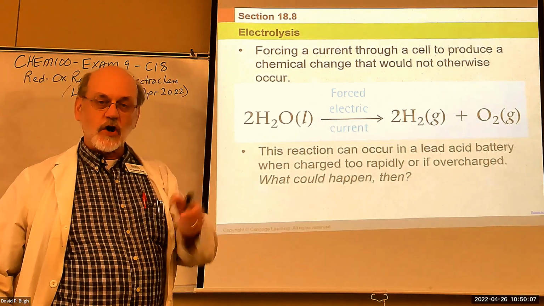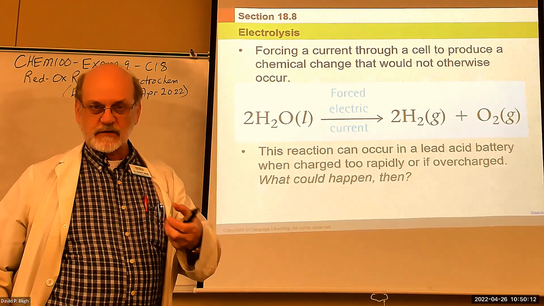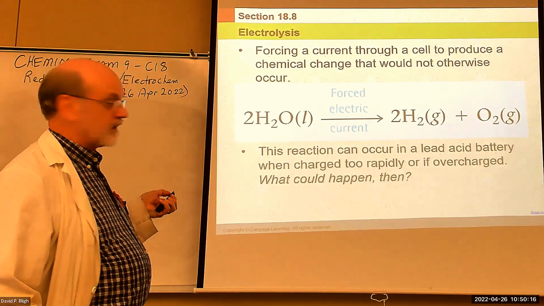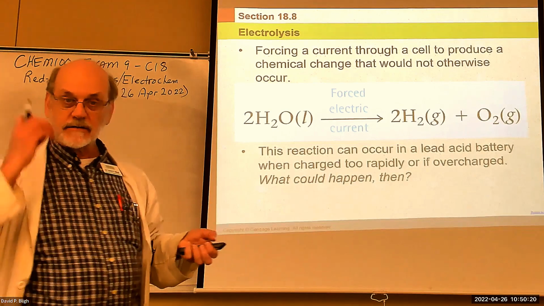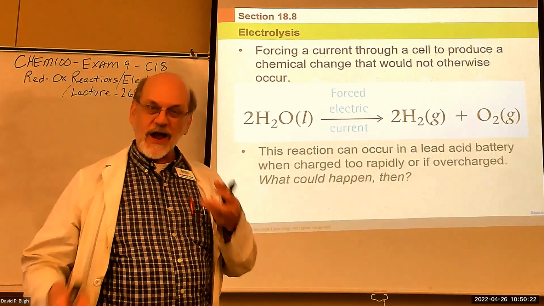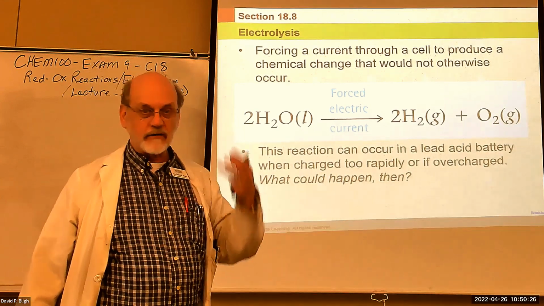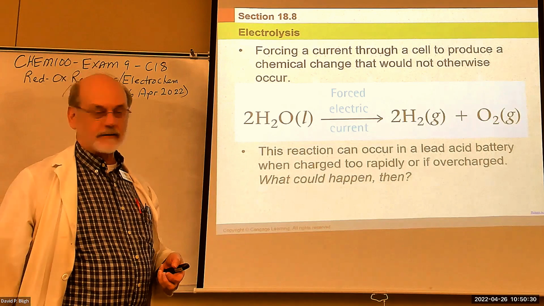Because once you start charging that battery, if you overcharge it, if you go too far, then it will start electrolyzing the water in the solution and making hydrogen gas and oxygen gas. So if you trap it in there and you build up enough heat or a spark, whatever it takes, you can blow that battery up, catch it on fire.